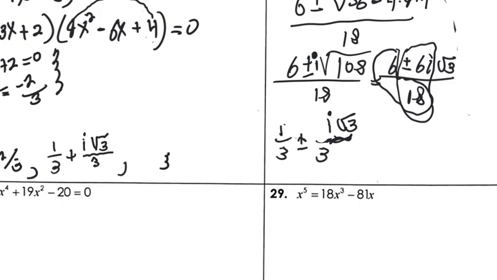Okay. And I'm going to leave myself a little bit more space here. And I'm going to put that way over there. Okay, so the other one is 1/3 minus i square root of 3, or square root of 3i over 3.